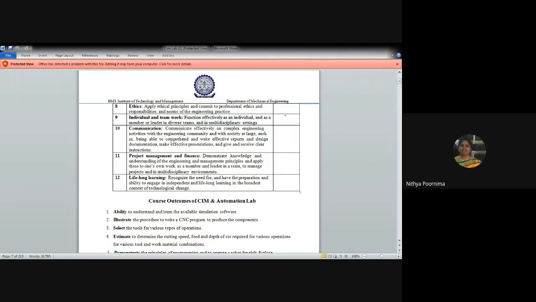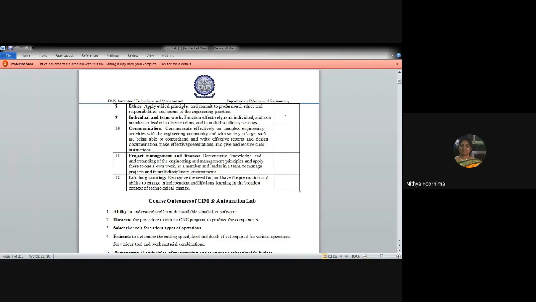Then communication: your vivas, your project presentations, your technical presentations, all that will come under communication. Individual and teamwork: definitely your projects will help, when you're on PBL or your final year project, when you're working in a team, or individually in a technical seminar, how you work effectively.